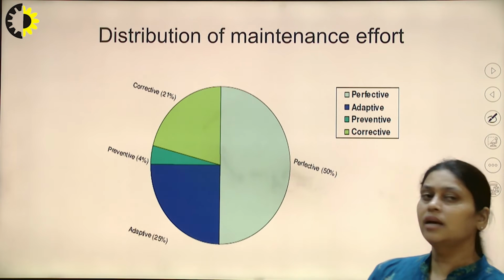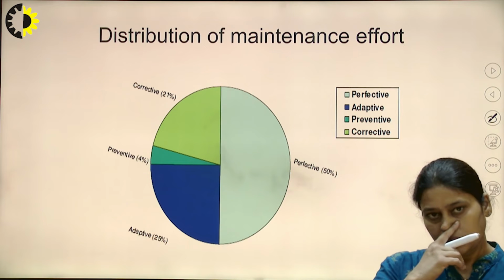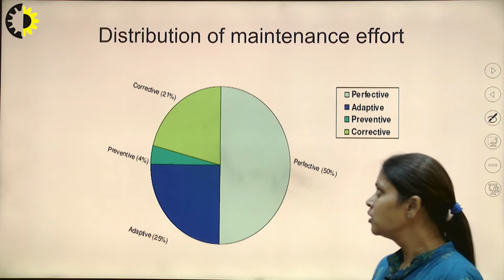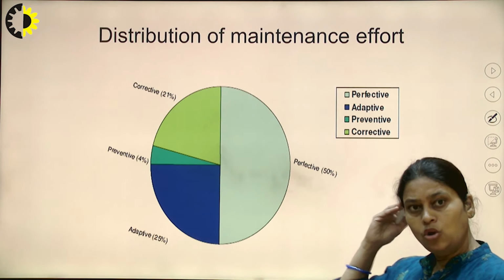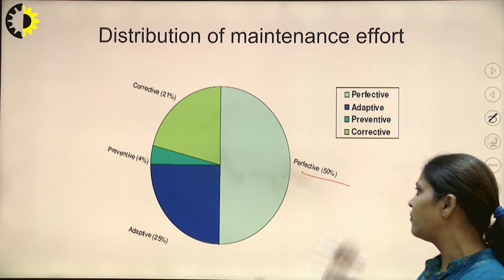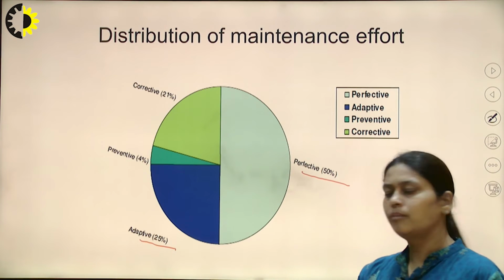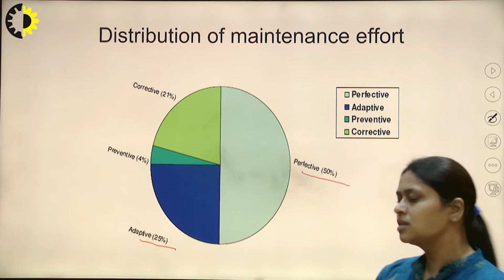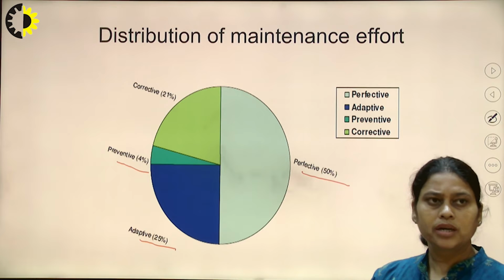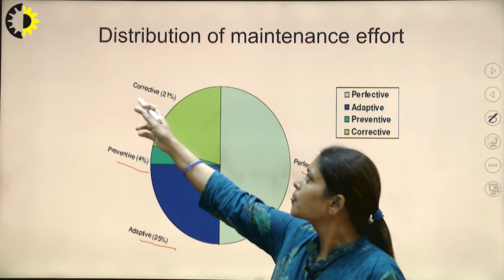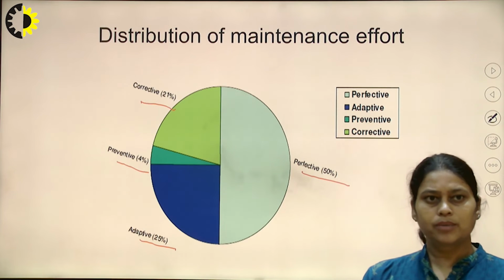Now, this is the distribution of the maintenance effort applied in the maintenance phase. As per the survey, a lot of work has been done on perfective maintenance. Adaptive maintenance percentage is 25%, preventive percentage is only about 4%, and corrective maintenance is 21%.